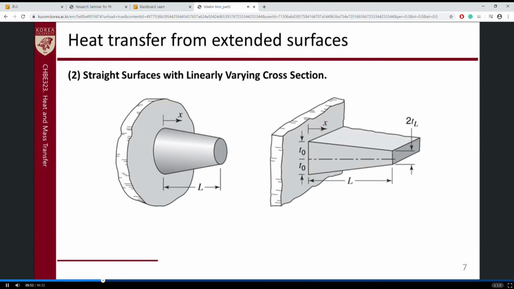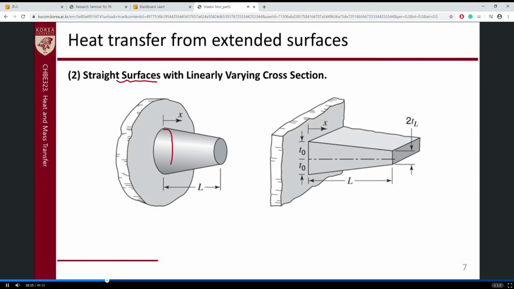And this is the next example, the straight surface with linearly varying cross section. So in these situations, the surface, I mean area and perimeter, can be varied depending on the x values, right?